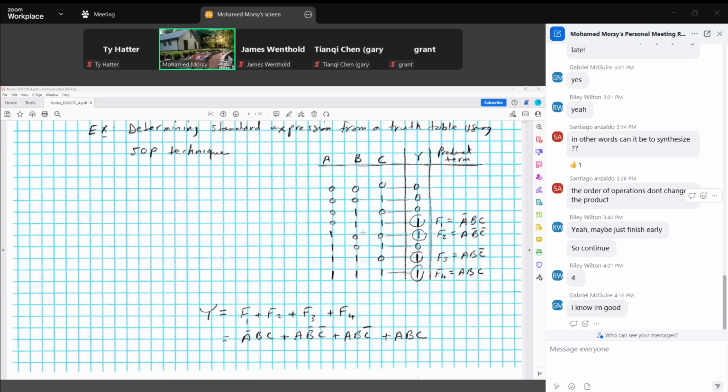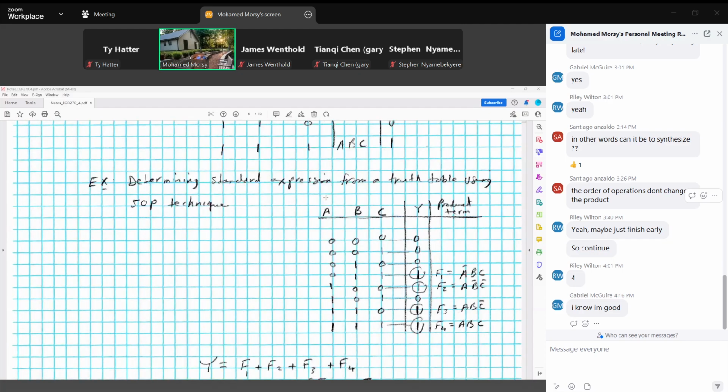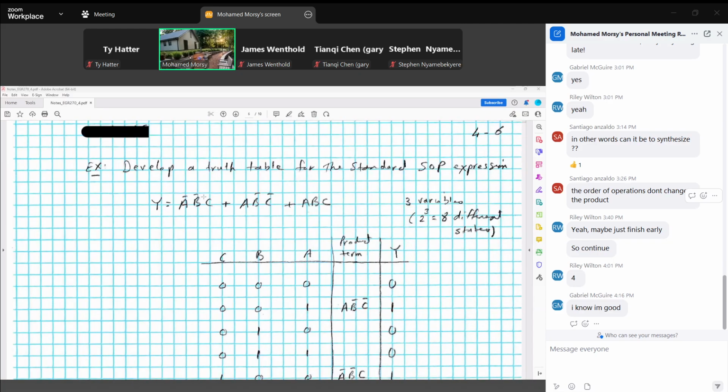So what do you think? No, we need it in terms of the variables. The product term is in terms of the variables.